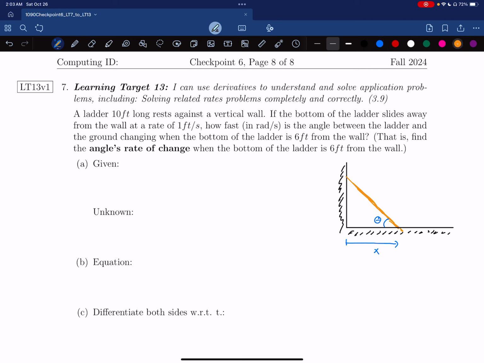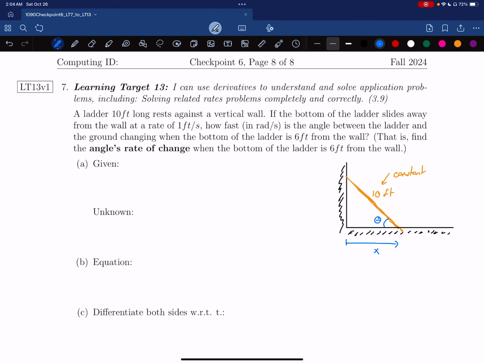Then we also know that the ladder is 10 feet long. That's a constant value. It's important to remember, or you can write that down. That is constant. But x here is going to be changing. Even though we're solving for the rate of change of the angle at a specific x value, we need to remember that x is going to be changing.